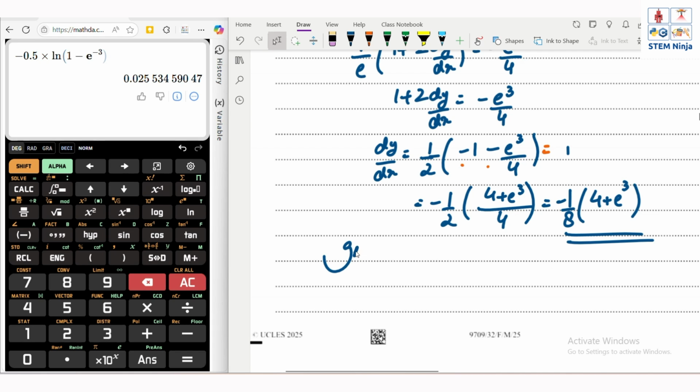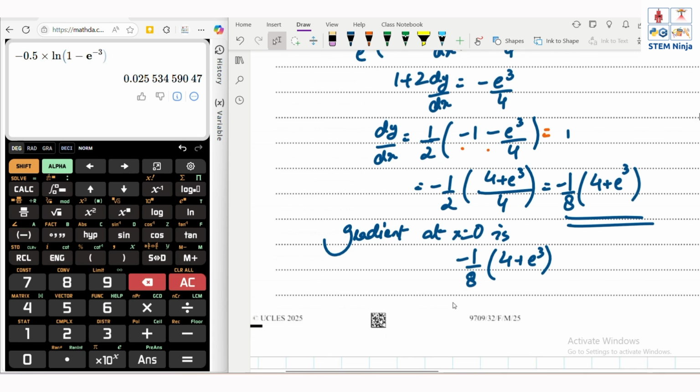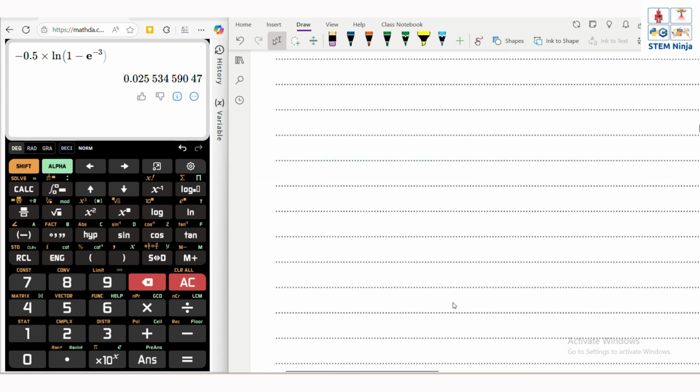So the gradient at x equal to 0 is minus 1 over 8, 4 plus e cubed. All right, moving on to the next question.